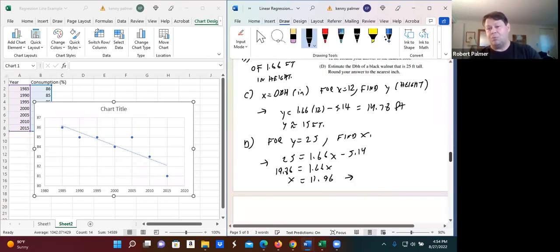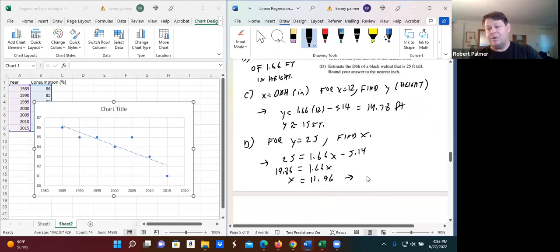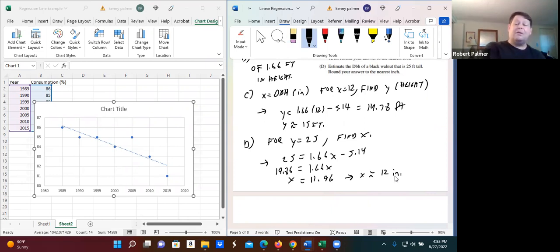And what that means then, rounded to the nearest inch, x is approximately 12 inches. So once again, based on this model, if your tree height is 25 feet, put the feet in there, then we expect the diameter at breast height to be a foot, or basically 12 inches.